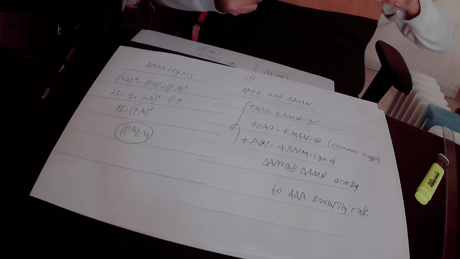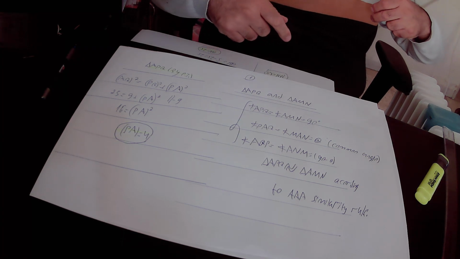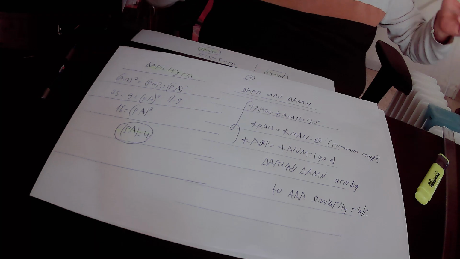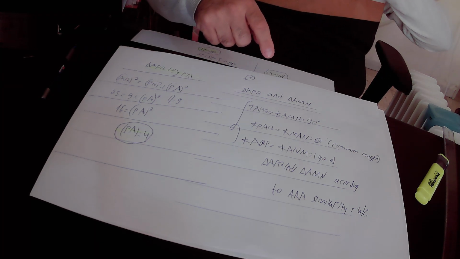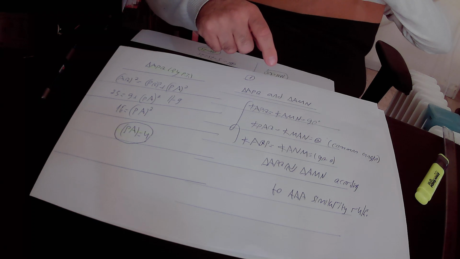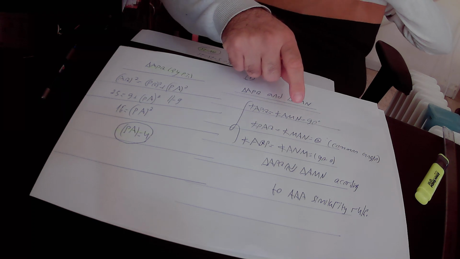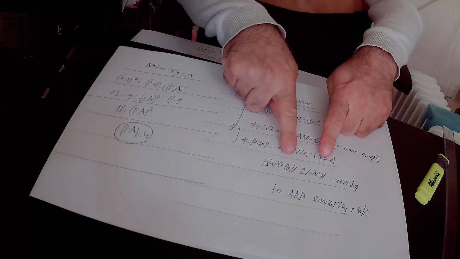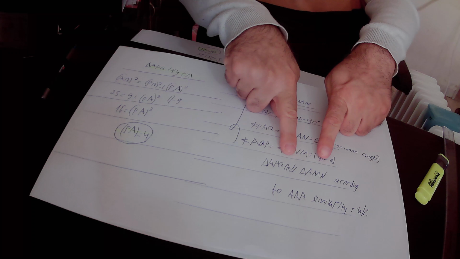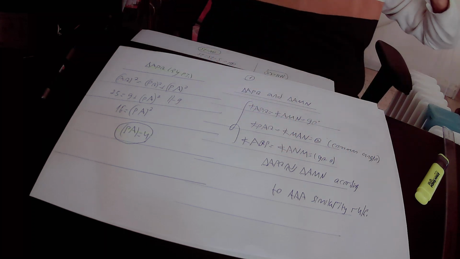So I actually proved that all three angles in the big triangle are correspondingly equal to all three angles in the small triangle. Therefore, the two right triangles are similar to each other according to the angle similarity rule. The big triangle APQ is similar, this is the sign of similar, to the small triangle AMN. What is the angle similarity rule?